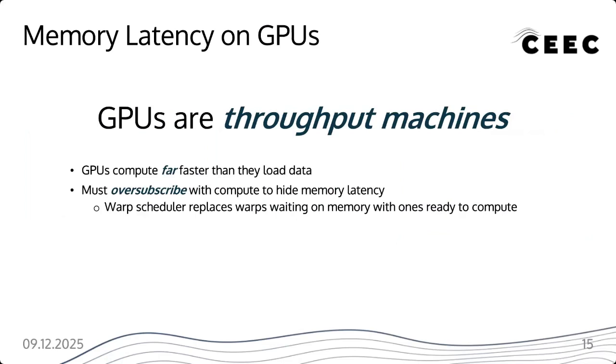And the way that we get around this for GPUs is we do what's called oversubscription, right? GPUs, as it says in big bold letters on the slide there, are throughput machines. They are made to be stuffed with as much work as possible, right? Their whole concept is built around this idea, all right? Basically what the scheduler on a GPU will do is it will generate those warps, like I said.